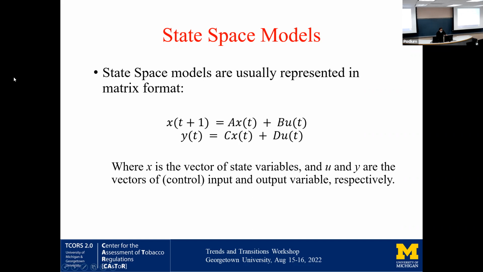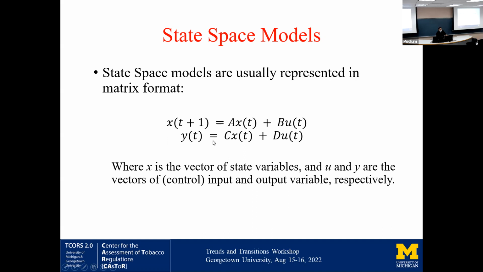A lot of the time, you don't observe these state variables. What you observe is what we call the observation, the output variables of the system, and the output variables are a linear combination of the state variables.